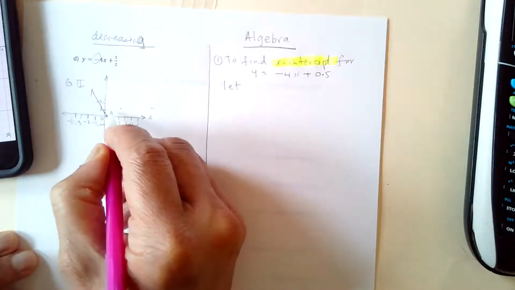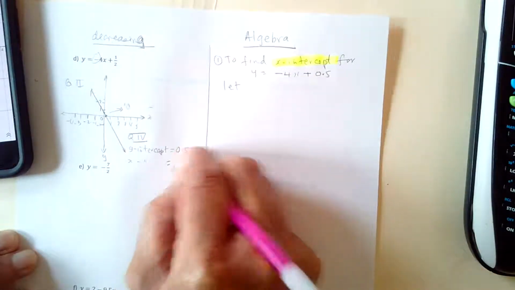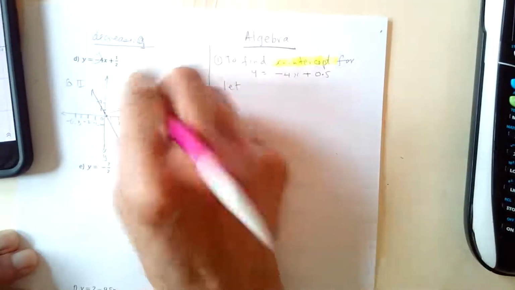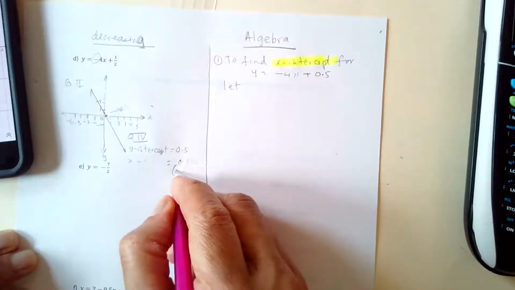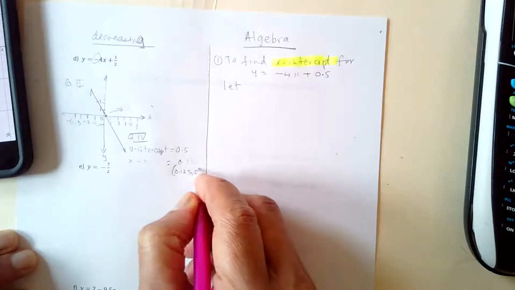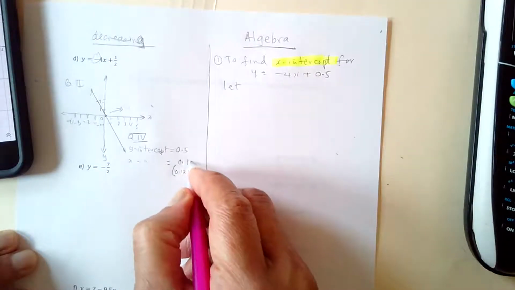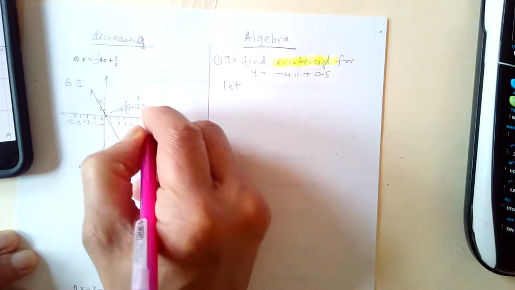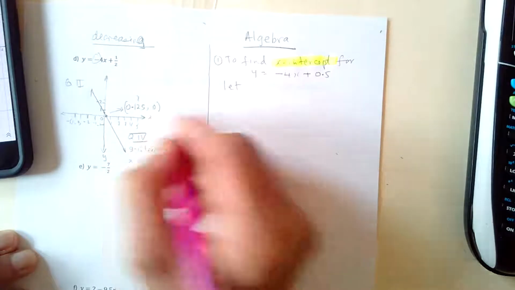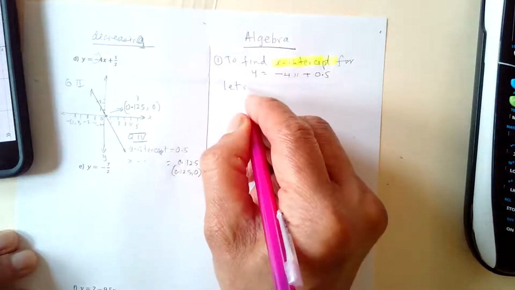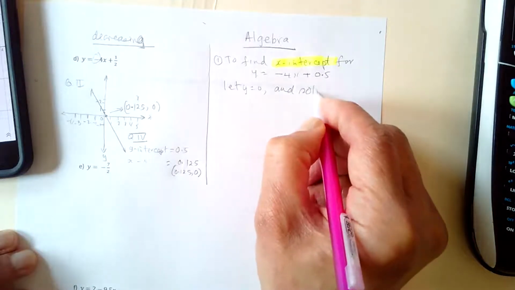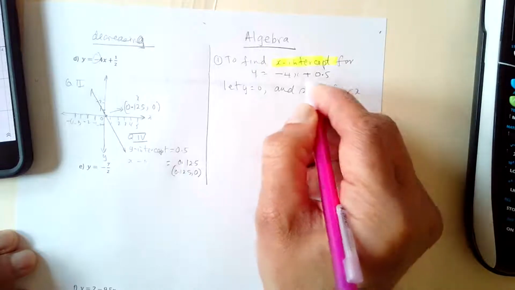So this point, we can write it as 0.125 is your x value, and your y value is 0. So you want to let y be 0 and solve for x.